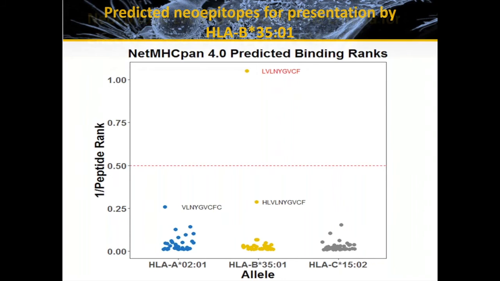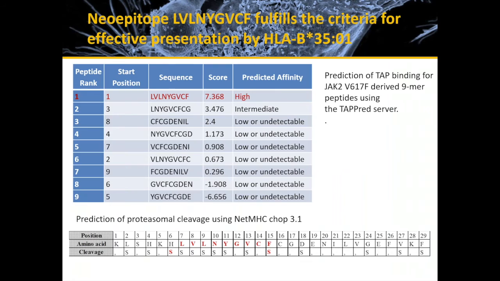Next slide, please. Presentation of HLA class 1 antigens requires efficient proteasomal degradation and efficient TAP-mediated transport to the endoplasmic reticulum. Therefore, we assessed proteasomal cleavage prediction by the NetChop 3.1 server, and prediction of peptide binding to the transporter associated with antigen processing complex was performed by the TAPPred server.